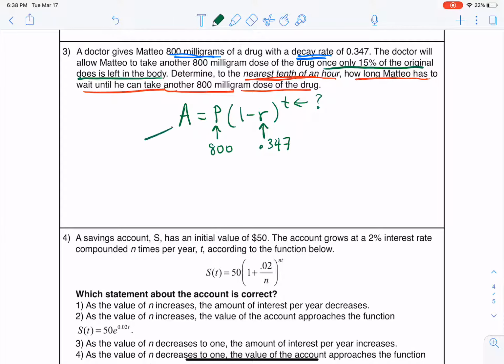And now the value of A, it's not told to us directly, but we know that it's when only 15% of that 800 milligrams is left in the body. So you're going to need to find out what that number is before you solve that equation.